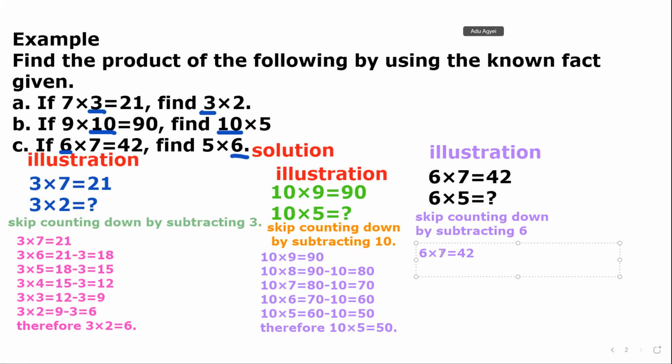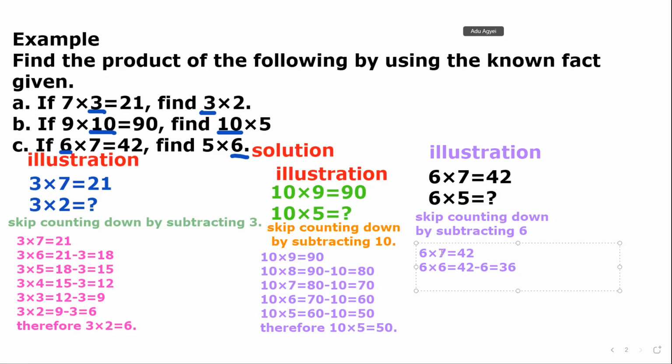Then 6 times the immediate number when you skip counting down from the 7, which is 6 here. And then that will be 42 minus 6, okay? And that one will be 36, okay? Good.